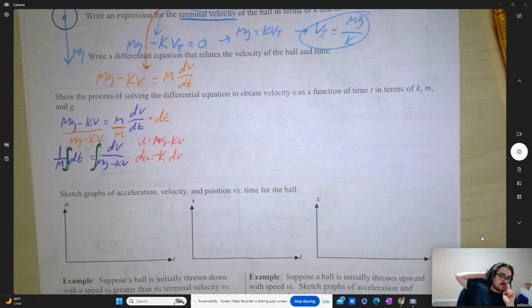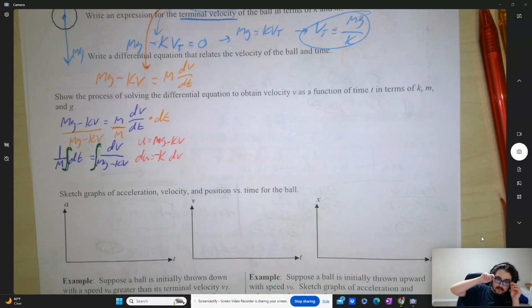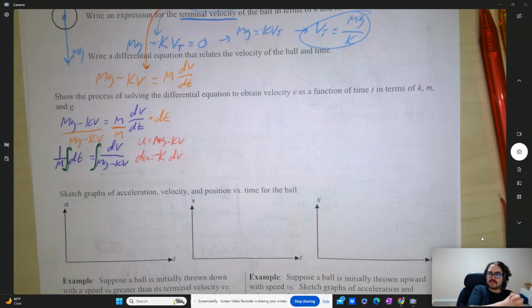Now, here's the part where things get weird. Last time what I did was I multiplied both sides by 1, and I was able to make that work out. Now, you can kind of do that for this one. Not really.